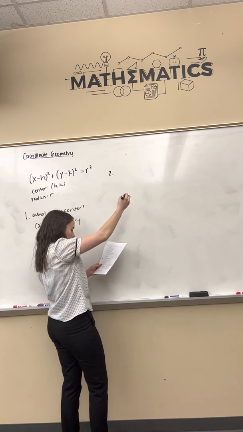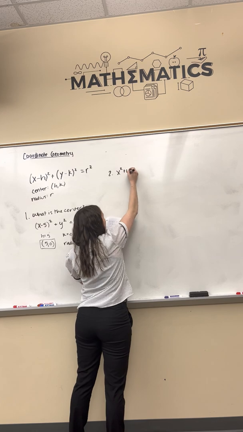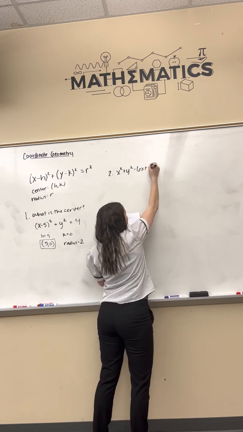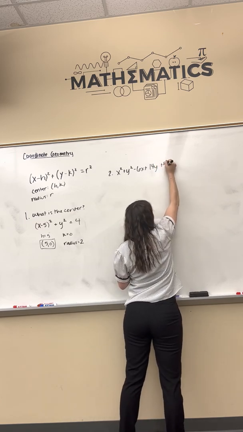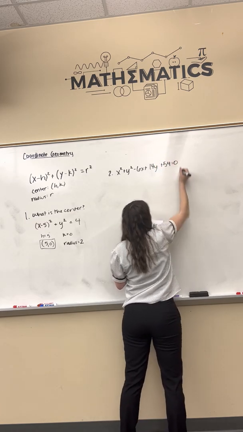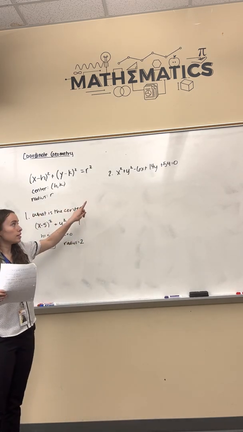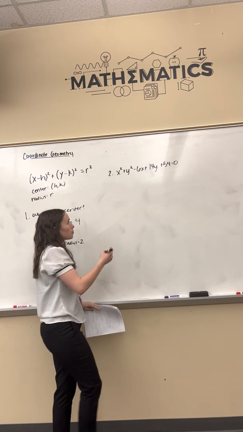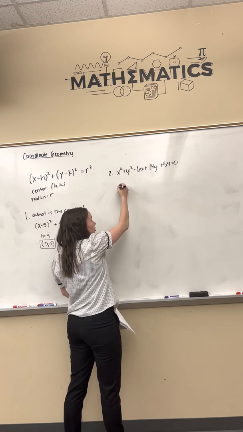All right. Moving on, this question's quite a bit harder. So we're given the equation x squared plus y squared minus 6x plus 14y plus 54 equals 0. Okay, this is an equation of a circle, but it is not written in standard form. This is standard form, okay? So the first thing I'm going to do is reorder it. So my x's are next to each other and my y's are next to each other.